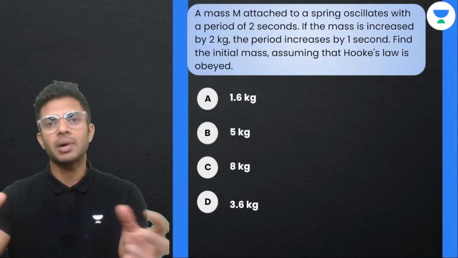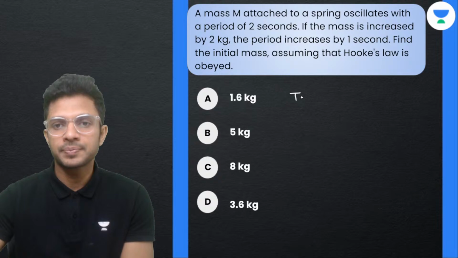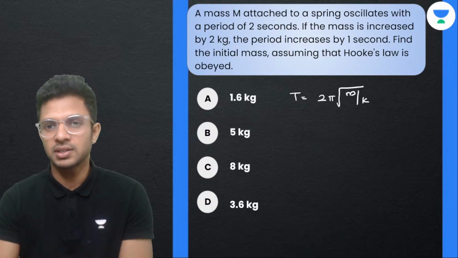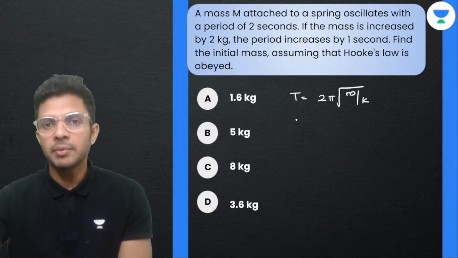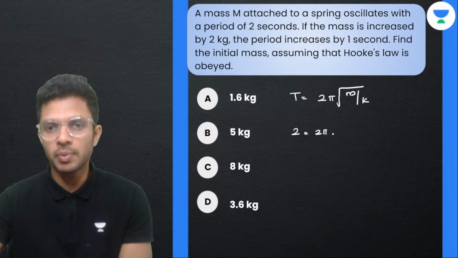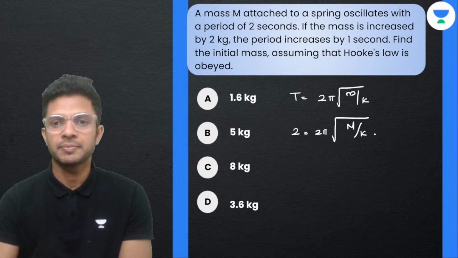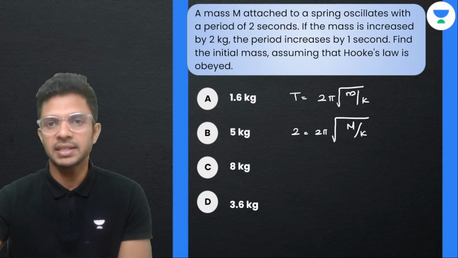If a mass is attached to a spring and made to oscillate, the formula for time period is 2 pi root of m divided by k, where k is the spring constant. The time period is given as 2 seconds, so 2 pi root of mass, which we don't know, we'll keep it as M by k. This is the initial case.